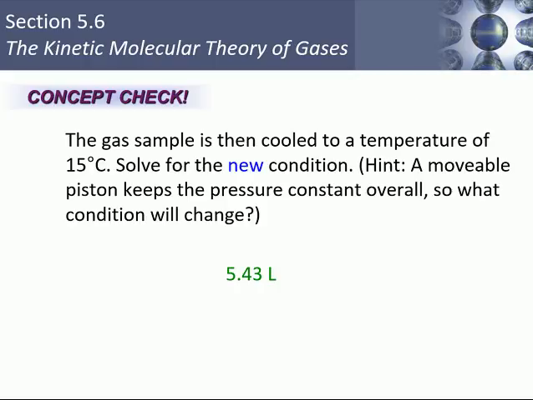If you did that and you still did not come up with 5.43 liters, my guess is you did not use the Kelvin scale for your temperature. You're going to have to add 273 to both of the temperatures that I've given you here, because I give you degrees Celsius.